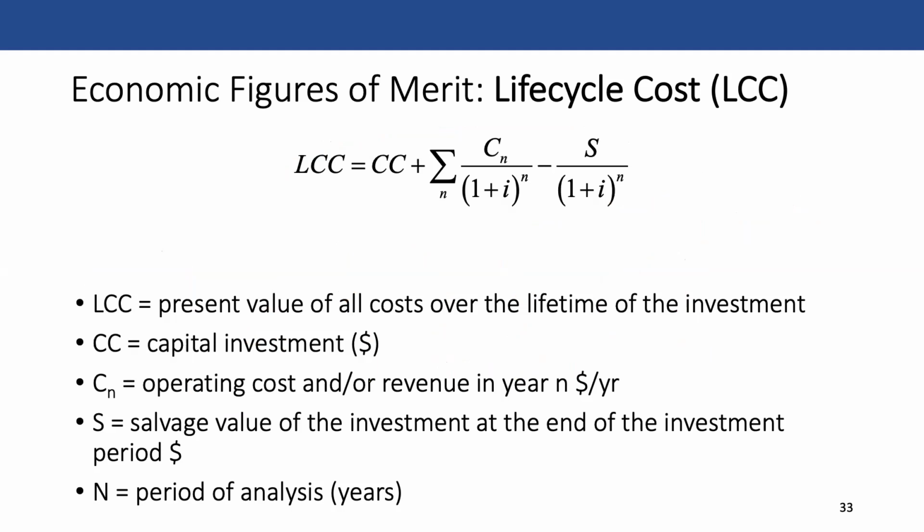So CC would be $20,000, and then CN would be what you pay for gas and insurance and maintenance of the vehicle. Okay, actually, let me pull up a whiteboard real quick.